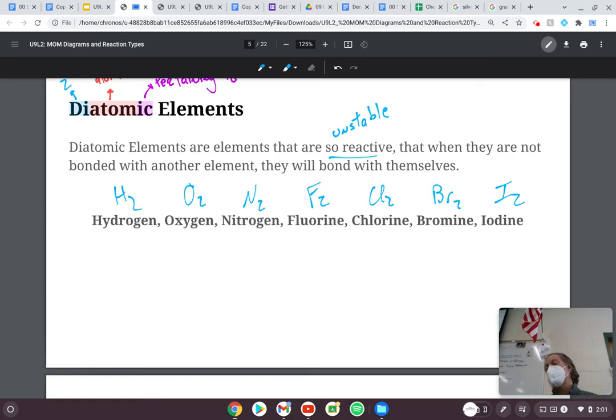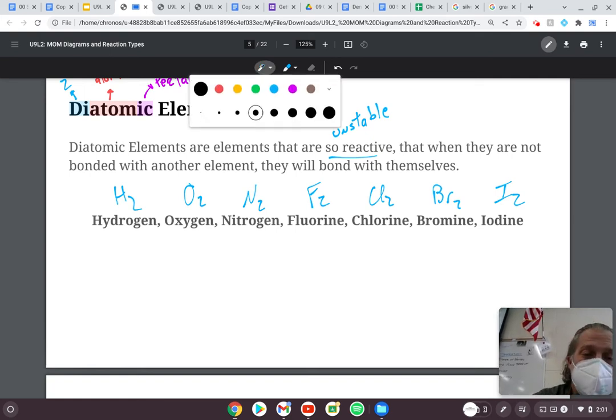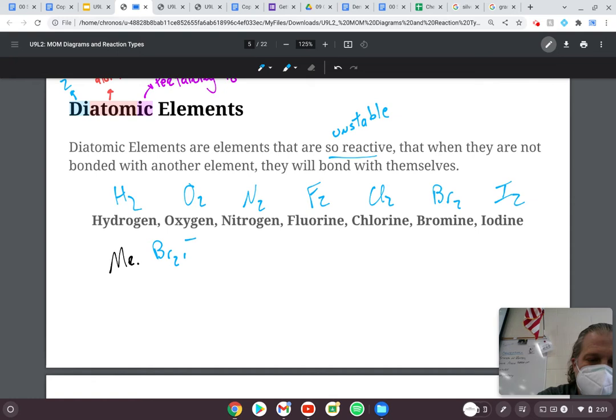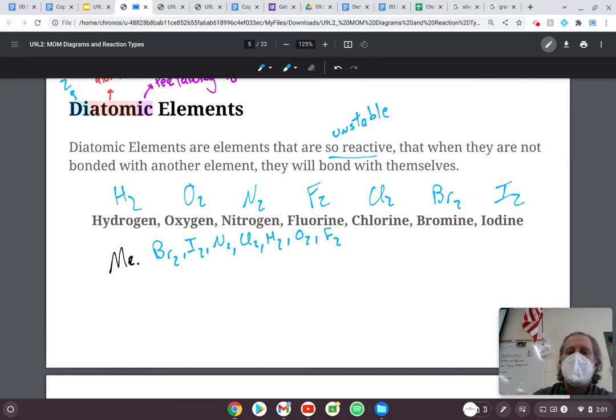My high school chemistry teacher wrote them as Br2, I2, N2, Cl2, H2, O2, F2. And he told us that that was the name of a gentleman named Mr. Brinkelhoff. That's how we were supposed to remember it.